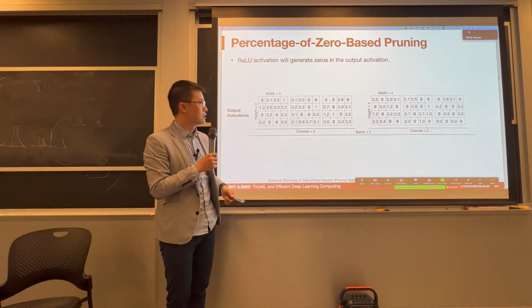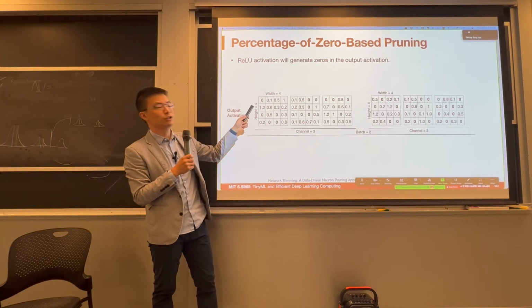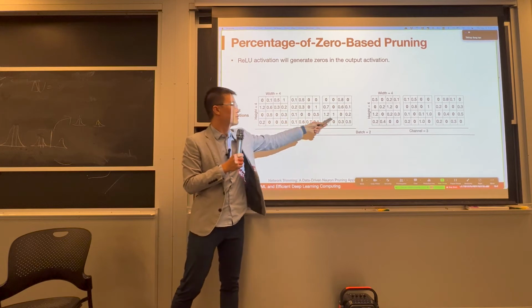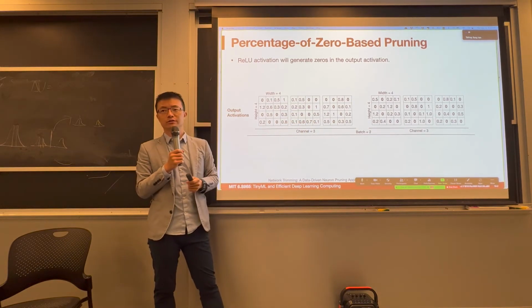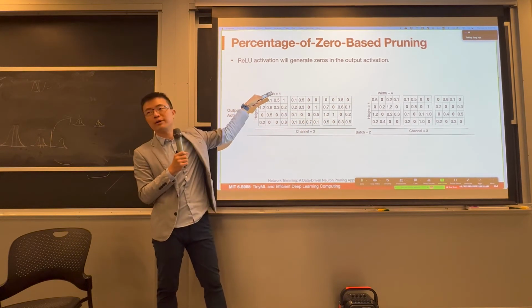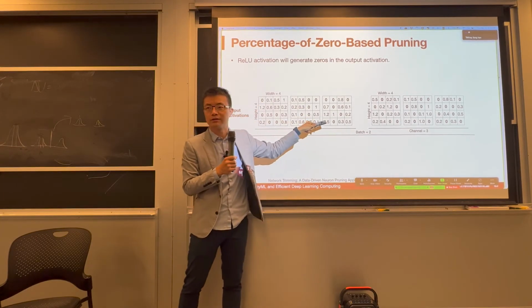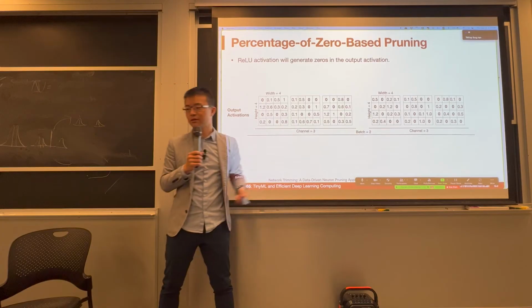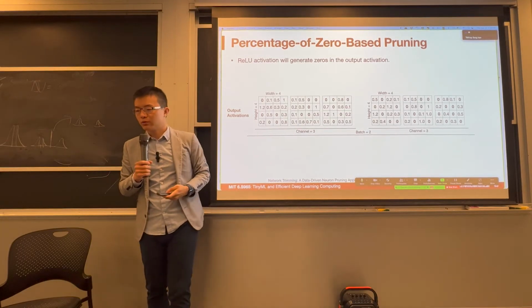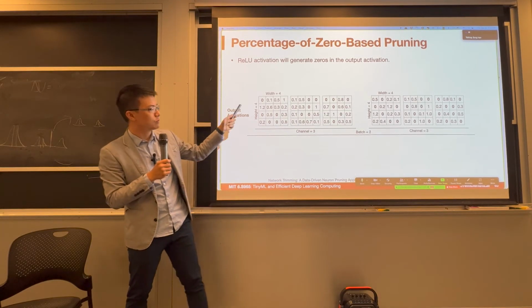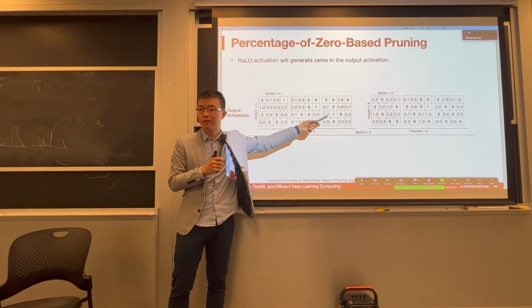For each image, we have 3 channels, and the resolution is 4 by 4. So a 4 by 4 image with 3 channels, and that's the second image. How do we decide whether we are going to prune this channel or this channel?